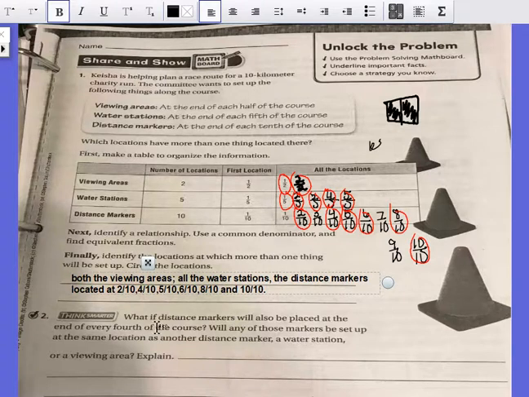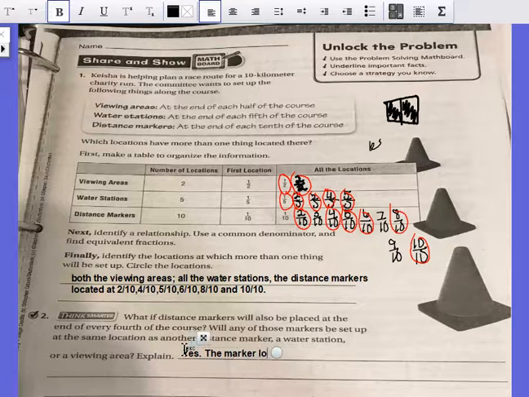Actually, I could probably do number 2. What if the distance markers will also be placed at every fourth of the course? Will any of those markers be set up at the same location as another distance marker, a water station, or a viewing area? Explain. Yes.